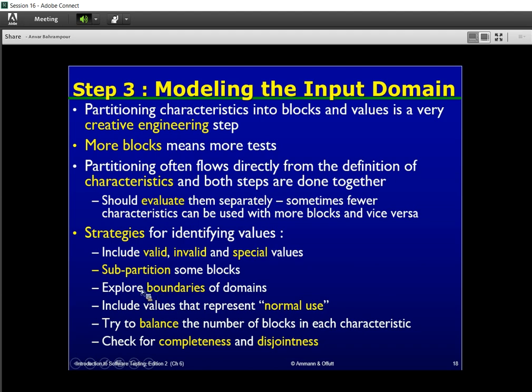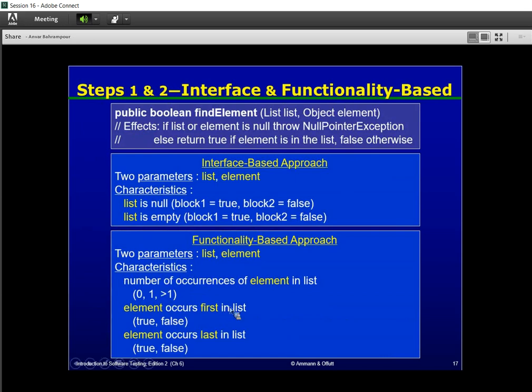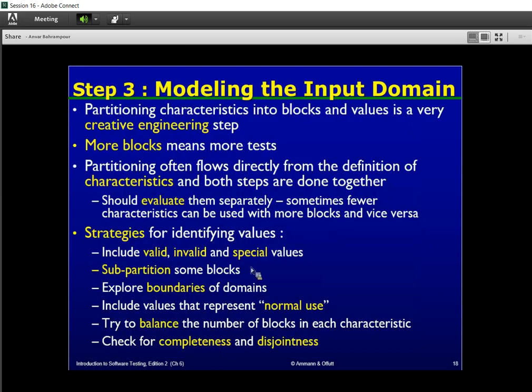An important strategy could be this one: we could explore boundary values. As you have seen in the previous slide, the boundary values for this functionality could be the location of our elements at the first position or last position.